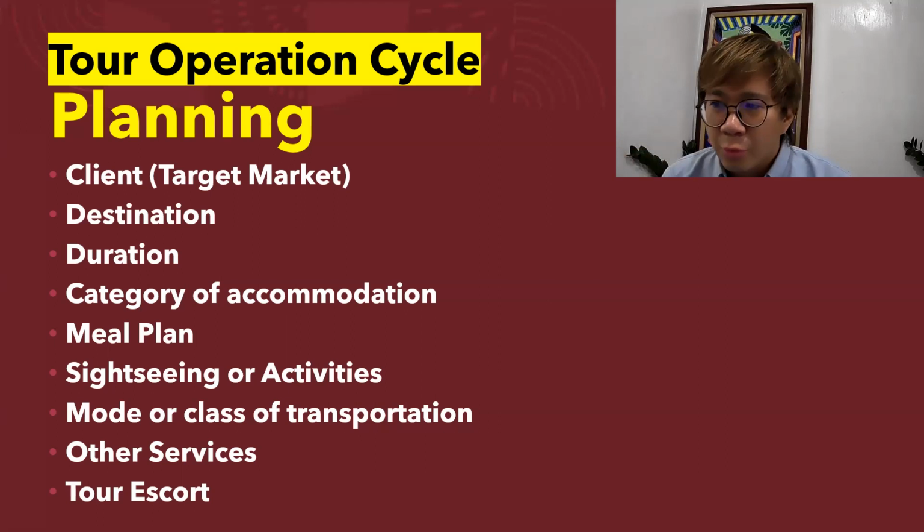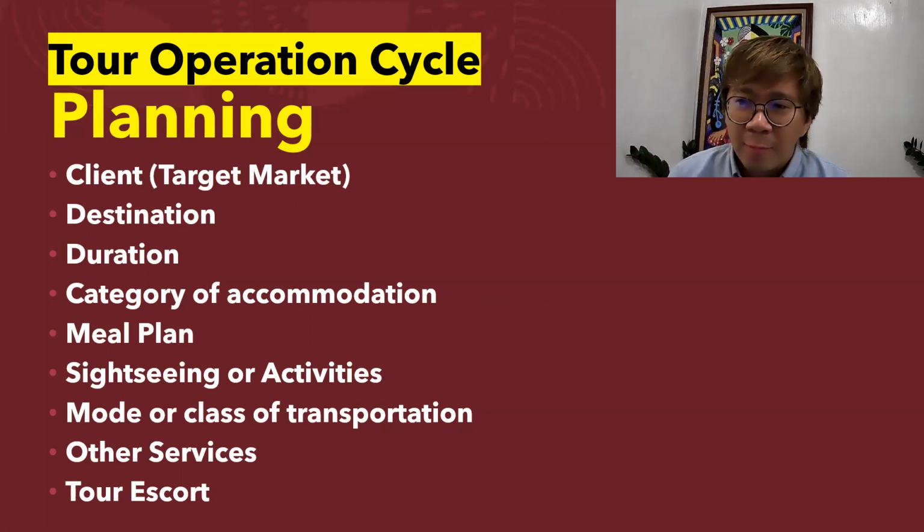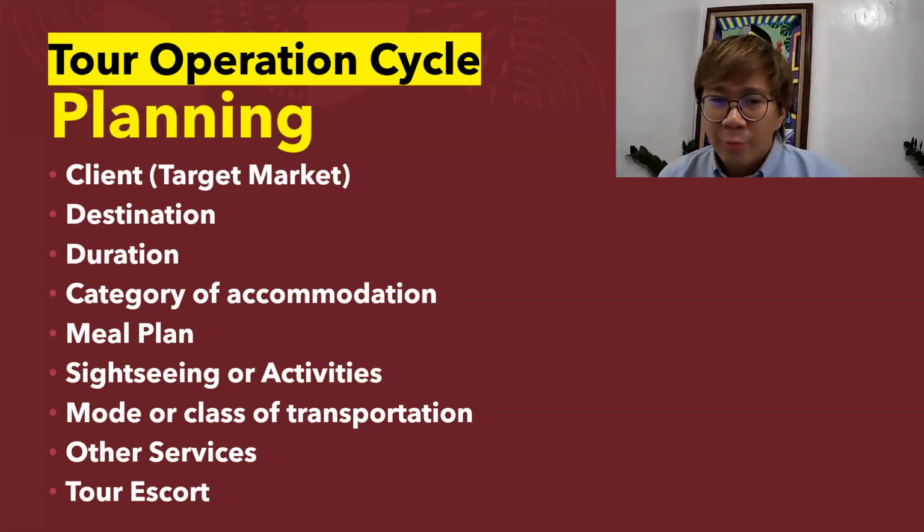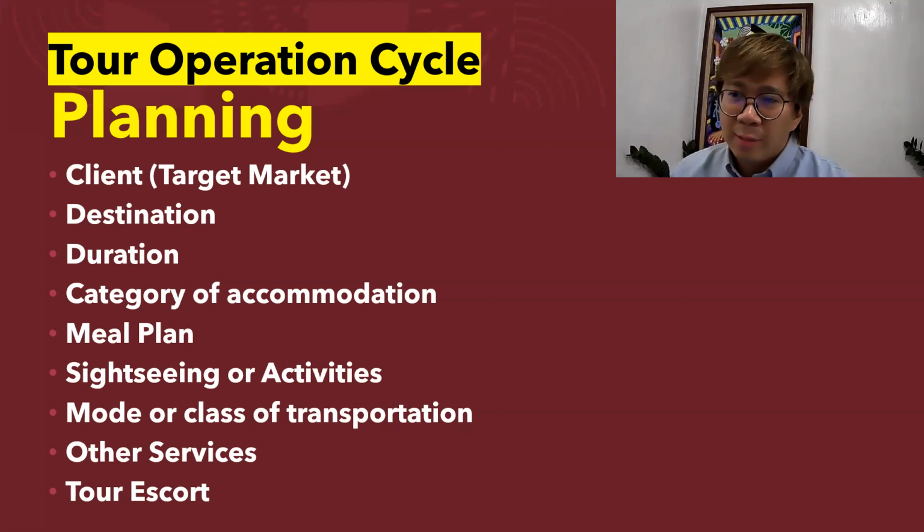So we have the ocean view room. They have a window that they can open, but they cannot go outside. So we have the balcony. So alam niyo naman yung balcony or veranda. This is a type of parang malaki siyang window that you can go out. Okay. And of course, we have the suites. As explained later, suites are much more spacious, quality, etc. Of course, the most expensive.